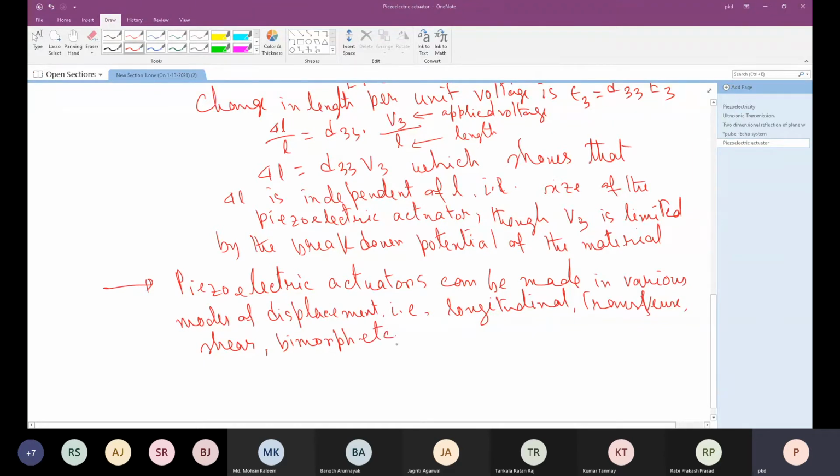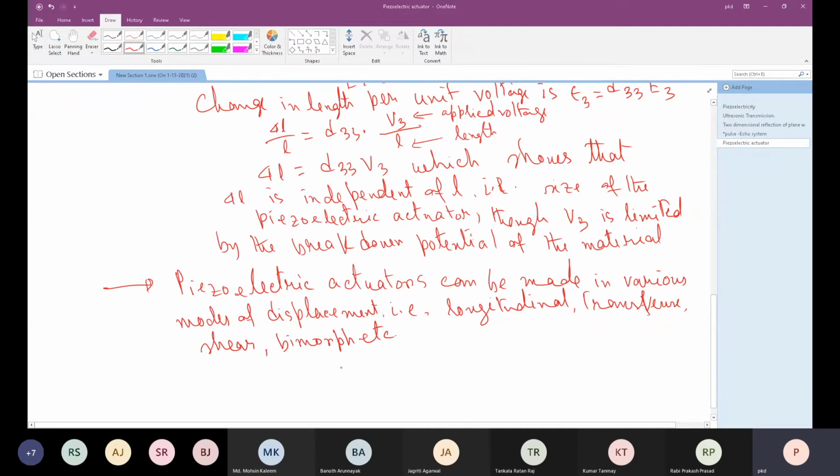or multiple actuator plates are sandwiched together, having different orientations of displacement. Or cantilever also.